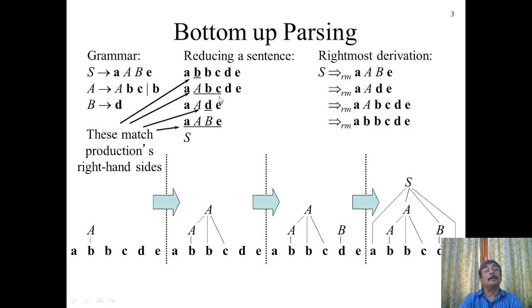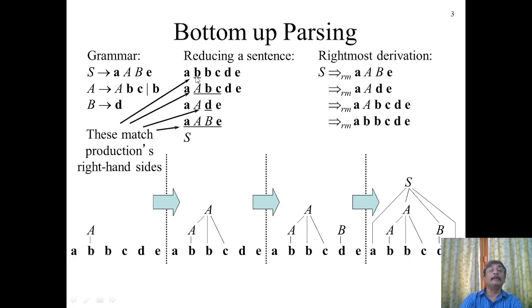Some RHS of some rule which replaced by the corresponding left hand side of the rule, if it takes me to the previous sentential form in the rightmost derivation, then we say that that substring of the sentence or sentential form is a handle.